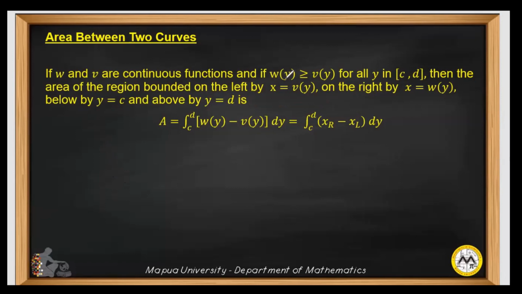If w, which is a function of y, is greater than or equal to v, which is also a function of y, for all values of y within the closed interval from a to b, then the area of the region bounded on the left by x is equal to v of y and on the right by x is equal to w of y, below by y is equal to c, and above by y is equal to d, is equal to the integral of w of y minus v of y times the differential of y, limits going from c to d.